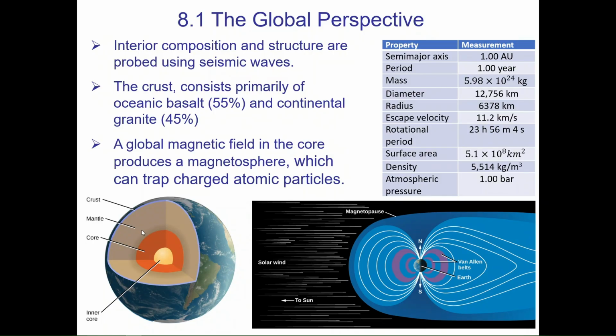And if we go even to the center, we have a core. If you still remember, we talked about how Earth's density is much higher than the average density of rocky material. That indicates the Earth has a core made from metal, most likely iron.